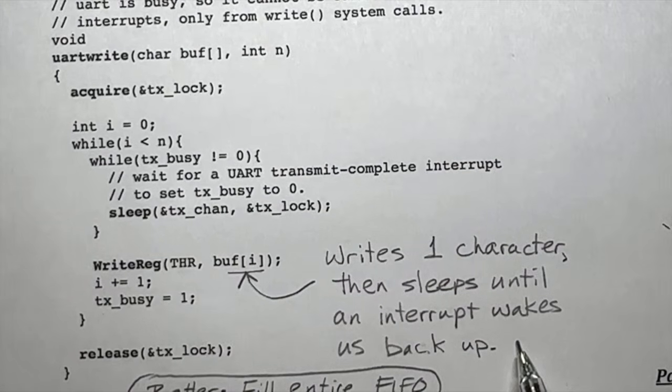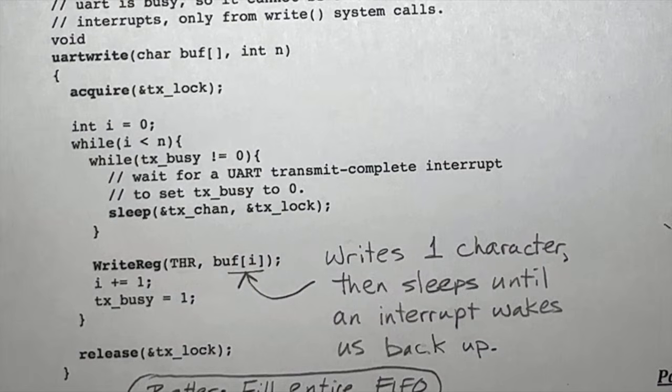It never puts more than one byte at a time into the FIFO queue, and it has an interrupt after each byte is transmitted. Technically, the 16550A interrupts only when the FIFO queue becomes completely empty, not after each character is sent. But since we only put one character at a time into the FIFO queue, we get an interrupt after each character is sent.